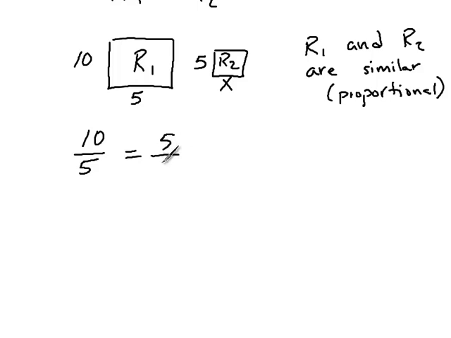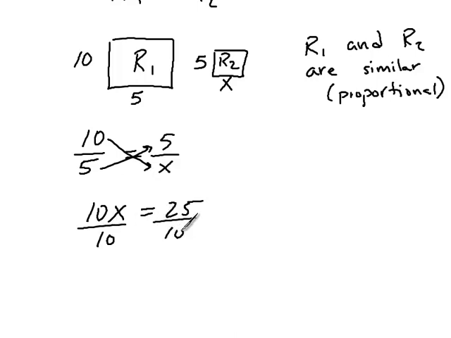So 5 over x. And then we can just solve it by cross multiplying. So 10x equals 25. Divide by 10, divide by 10, x equals 2.5. And then that's it. That's it for proportions.